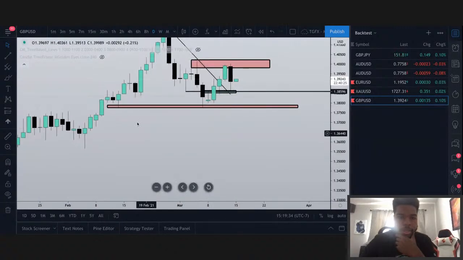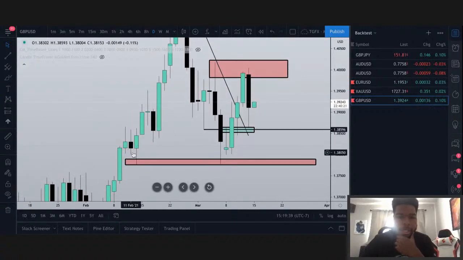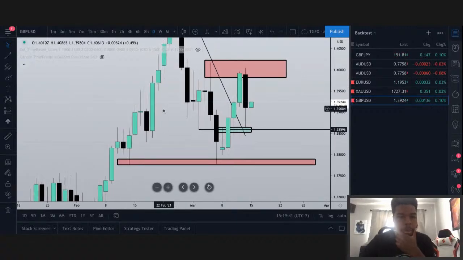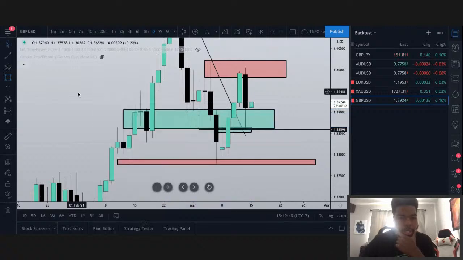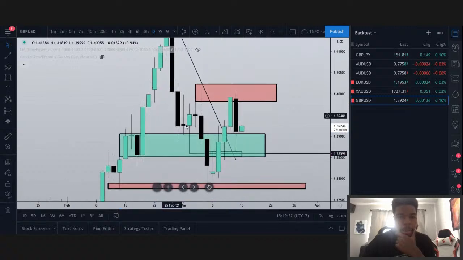It's not really showing us too much there, but if we jump to the daily, what we can see is we had a level of demand here. Now, remember, we did have this level of demand right here as well, right? This whole consolidation area, and we did bounce off of it, but price decided it wanted to come lower.